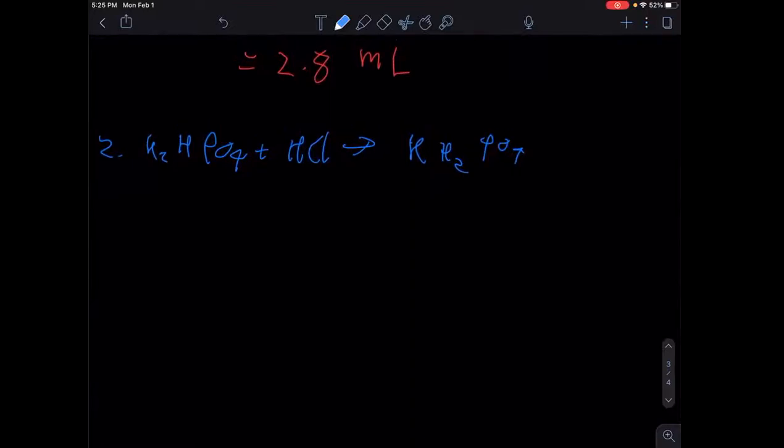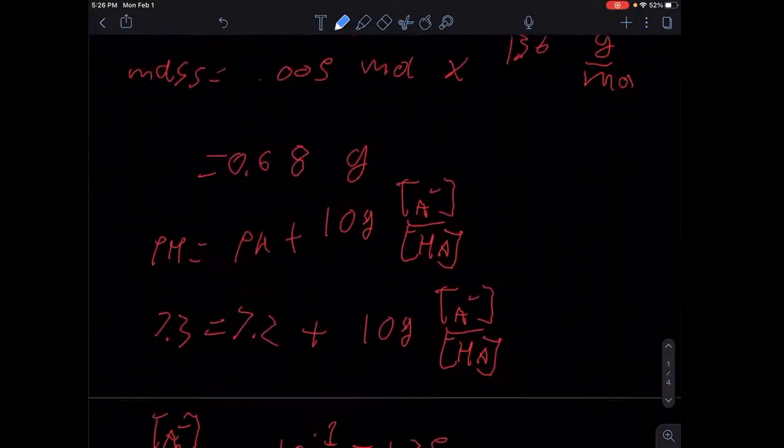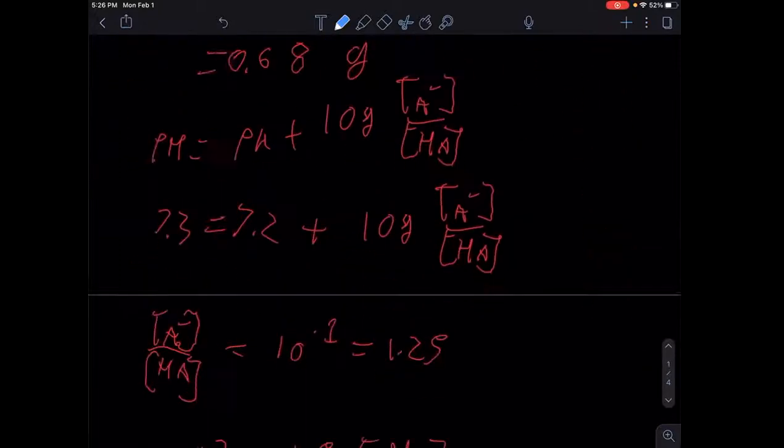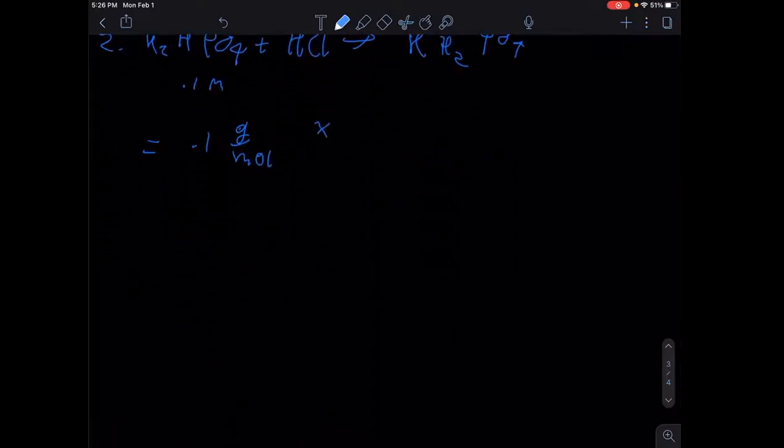So we have 0.1 molar of it. Is that 10 milliliters? I forgot what volume we used last time, how much volume we have for the same thing here. Yeah, sorry, it's 50.